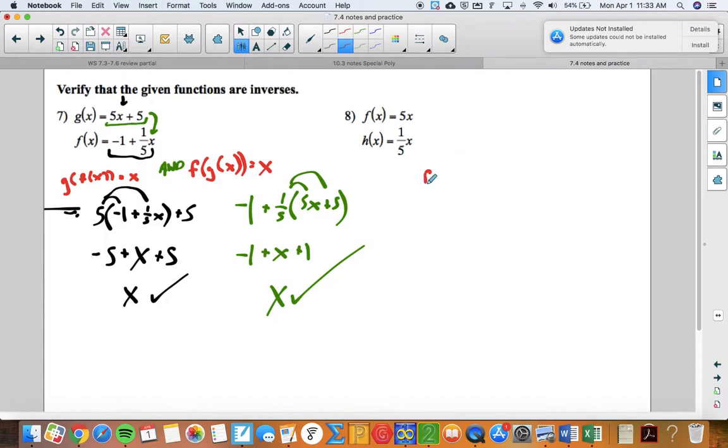Let me take f of h of x. Oopsie daisy. You didn't see that. f of h of x. So h is going in place, this whole function is going in place of x right there. So it's going to be 5 times 1/5 x.